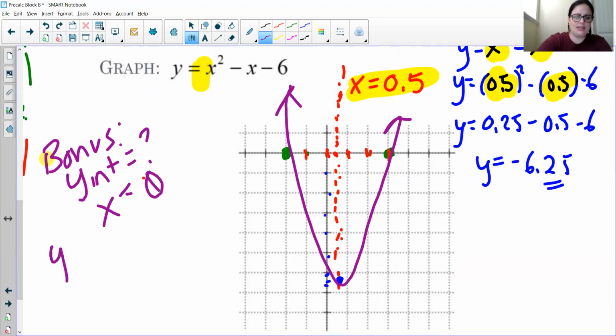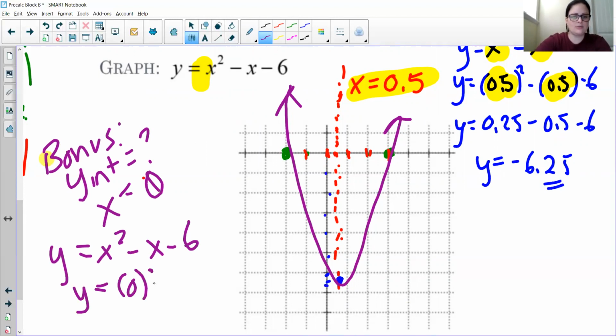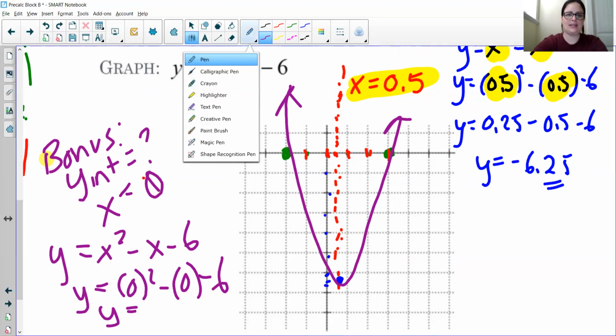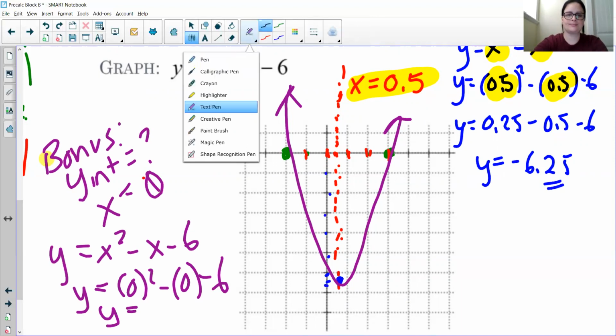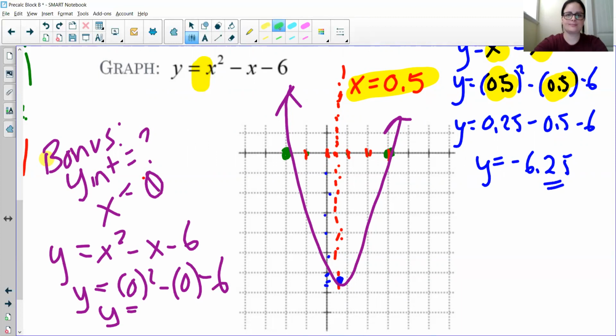So if this is our original equation, you're going to put in a 0 for x, which is actually really fast because 0 minus 0 is 0, and minus 6, this number here ends up being what our Y-intercept is. So our Y-intercept is -6.